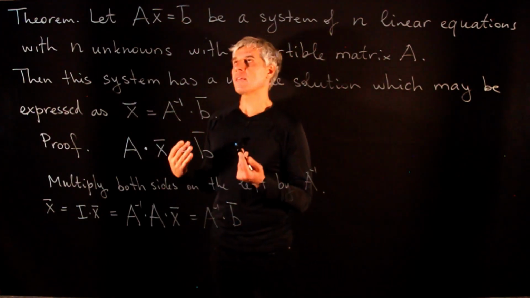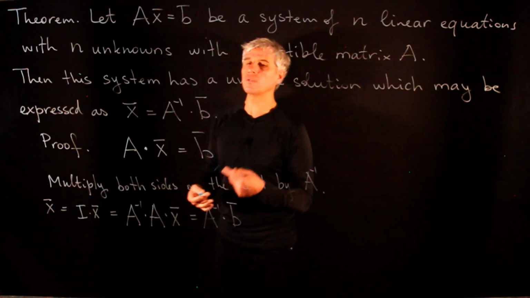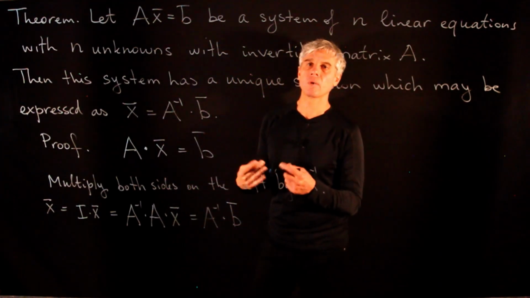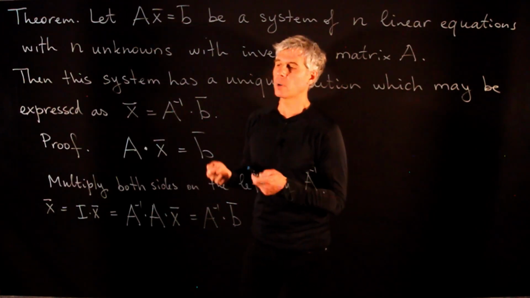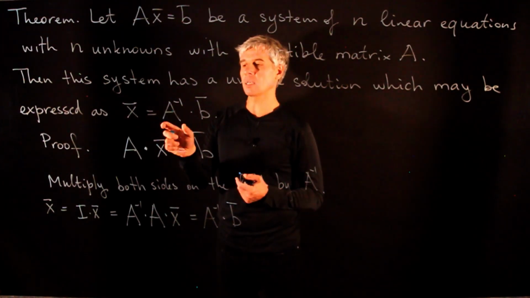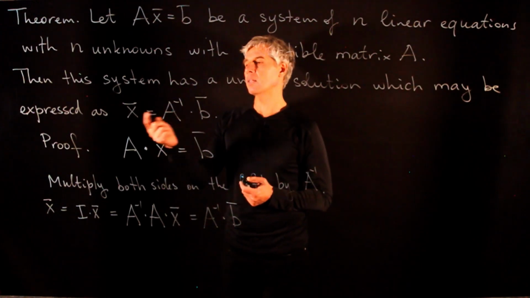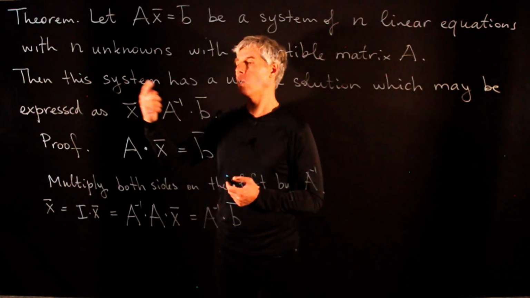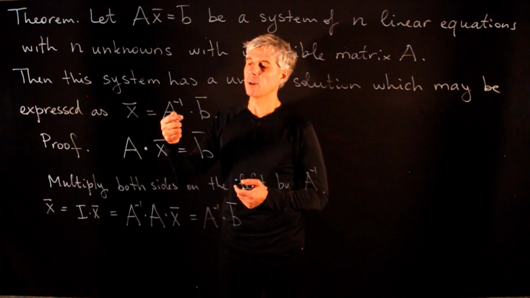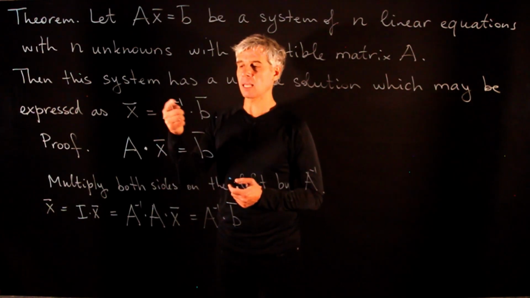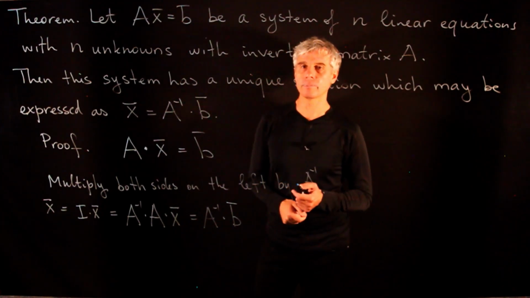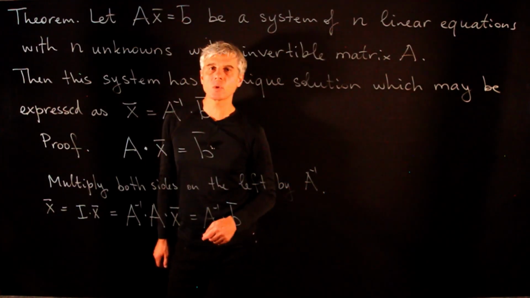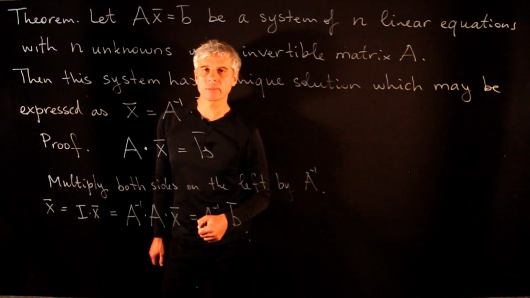In that situation, rather than solving many systems using Gaussian elimination, we can compute the inverse of the matrix once and then find solutions to all these systems by multiplying the inverse of the matrix by the corresponding right-hand side column. Next, let us look at more matrix equations.